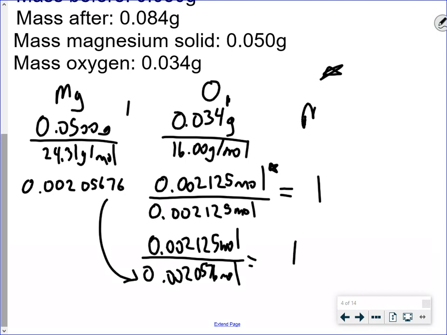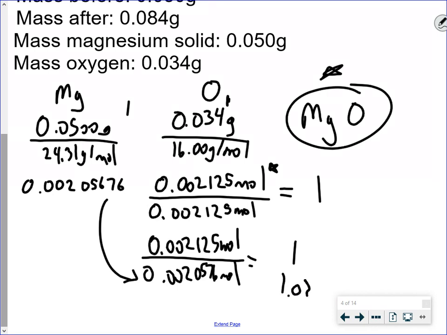So the ratio of these actually combining is a 1-to-1 ratio, give or take. It's actually 1.03, super close. So that confirms the bonding. That confirms the ionic properties. That confirms that their ratio of charge is exact.